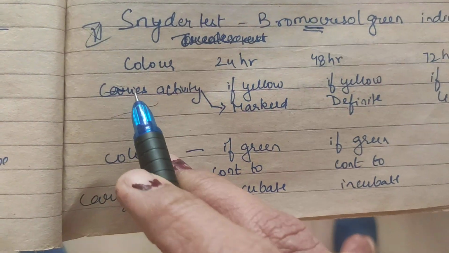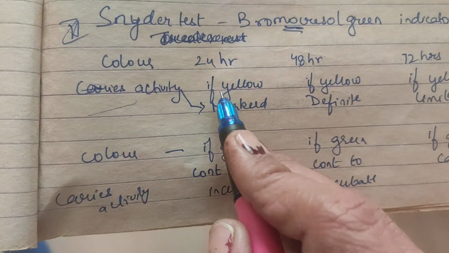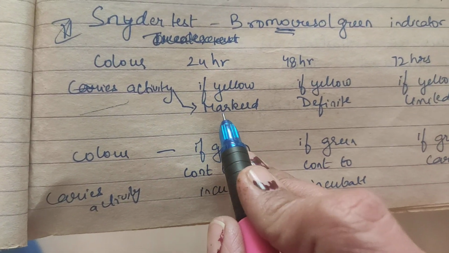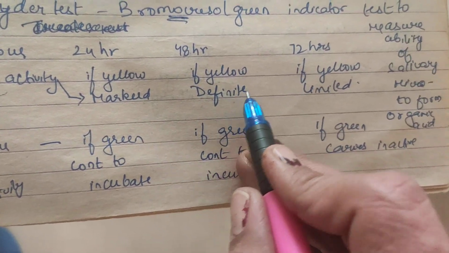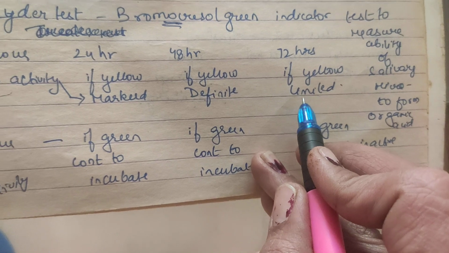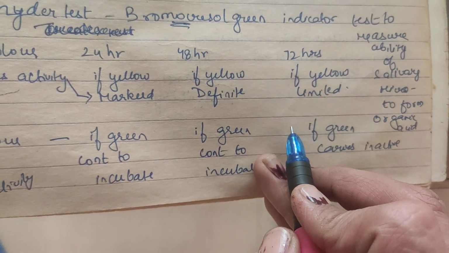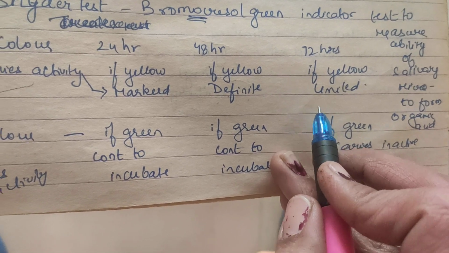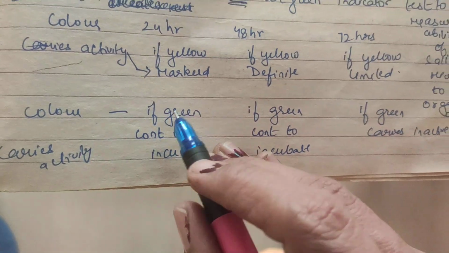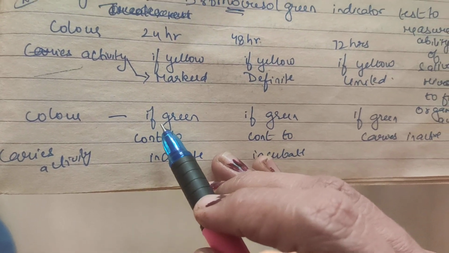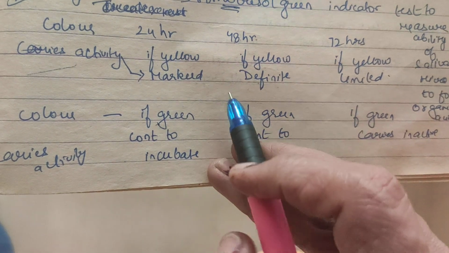If the color changes to yellow within 24 hours, it is marked caries. Within 48 hours, yellow, definite caries. At 72 hours, if yellow, it is limited. Even my handwriting is very bad. They will ask, if the color changes from green to yellow within 24 hours, what will be the caries activity?